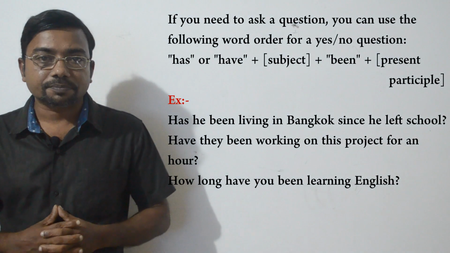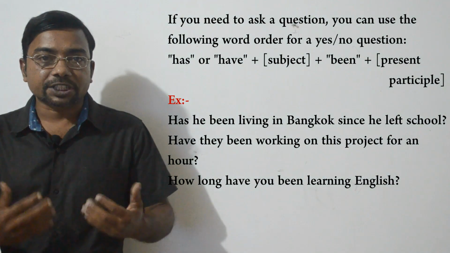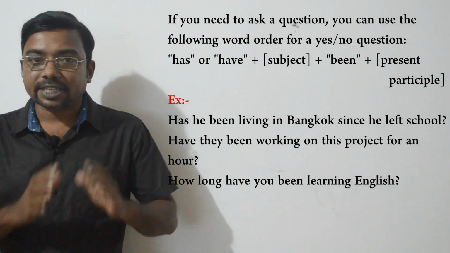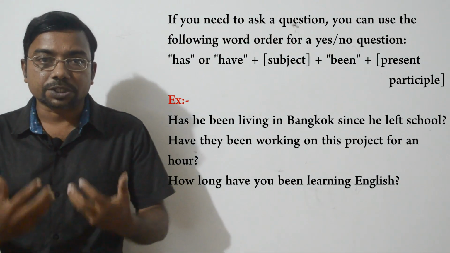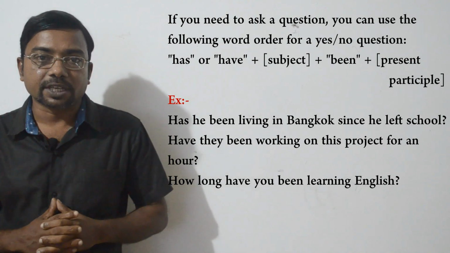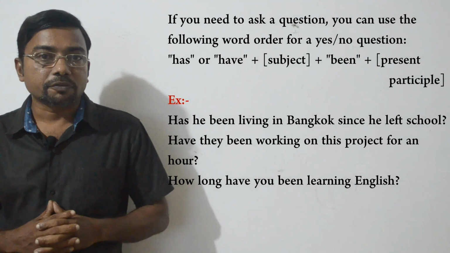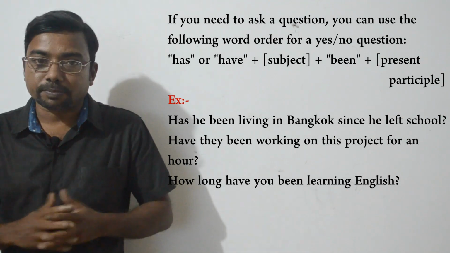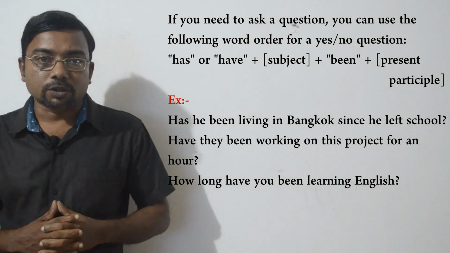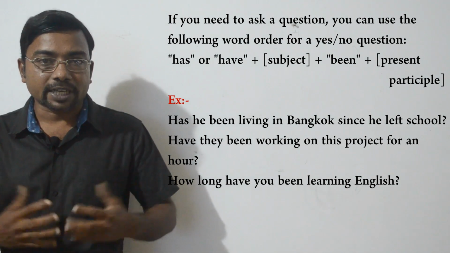How long have you been learning English? Okay, look at the first example. Here we use has at the beginning of the sentence because the subject he is singular, and also because we are going to ask a question. And in the second example, we use have at the beginning of the sentence because we are going to ask a question, and also because the subject they is plural.